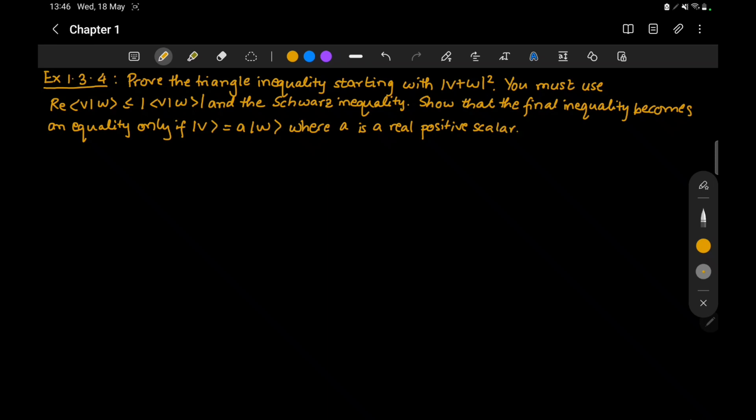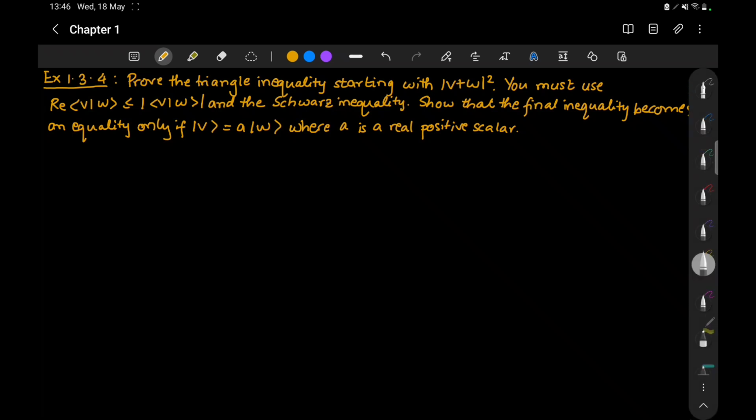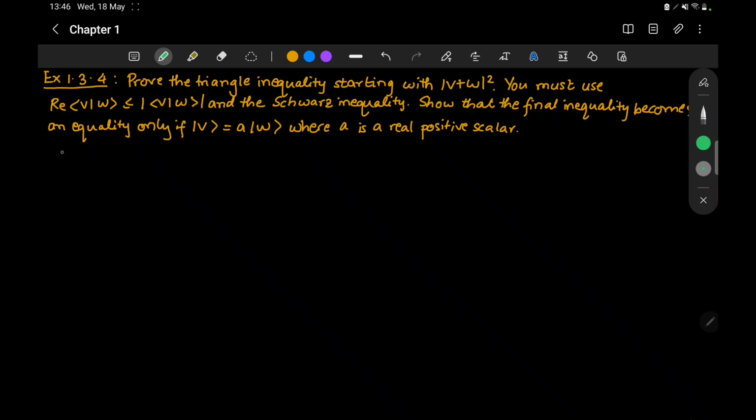So this is the question. Just to remind ourselves what the Schwarz and triangle inequalities are, we will write it again. So the Schwarz inequality is given by the following expression.